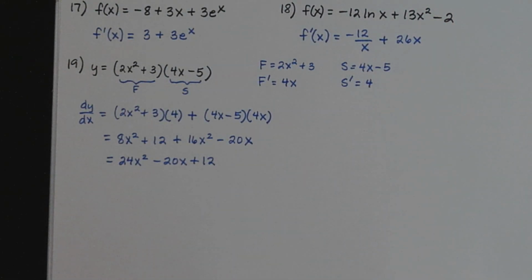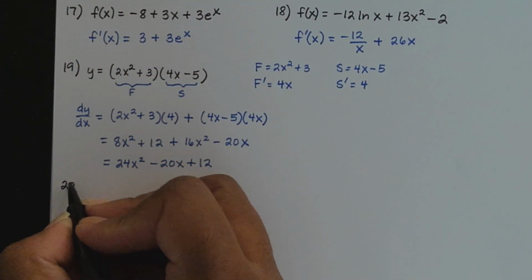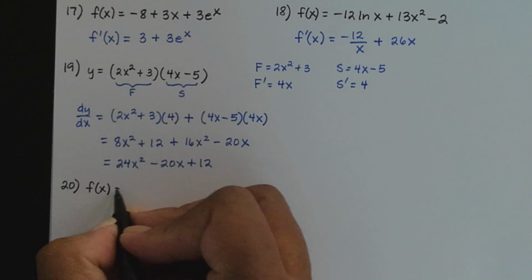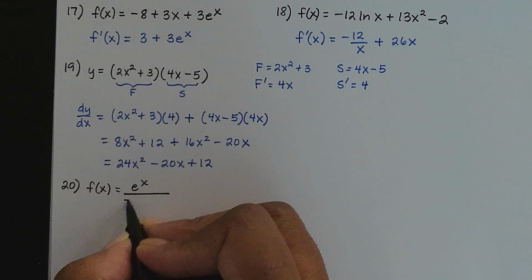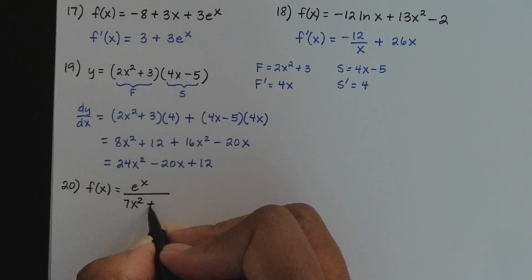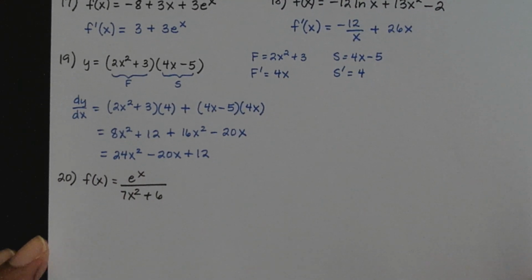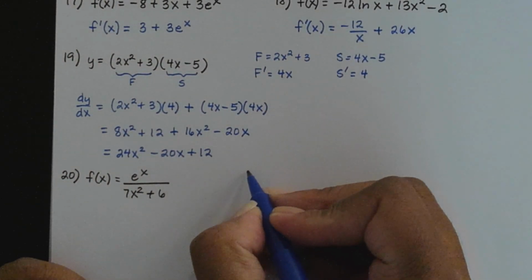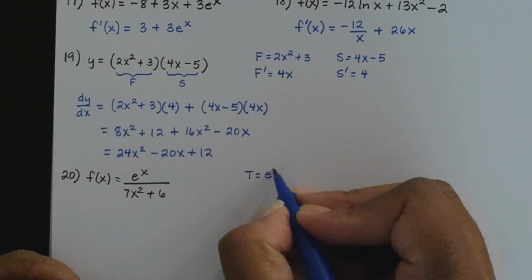All right, number 20 is using the quotient rule to find its derivative. Here we have f of x is equal to e to the x divided by 7x squared plus 6. The top is my numerator, e to the x.